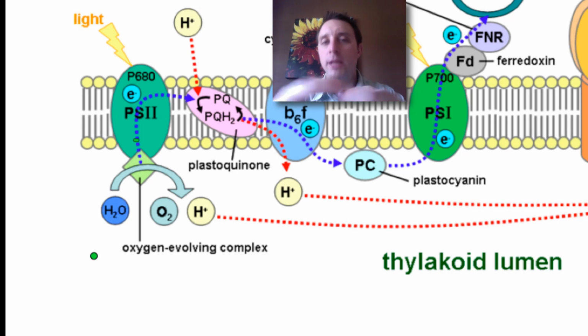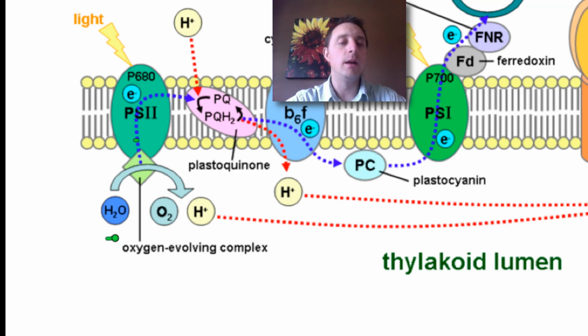We can't just leave this little electron-sized hole inside photosystem 2, or else once all the electrons left, photosynthesis would shut down. So we need to replace that electron, and that is done through this reaction here, which is written kind of incompletely, and this is called the splitting of water.